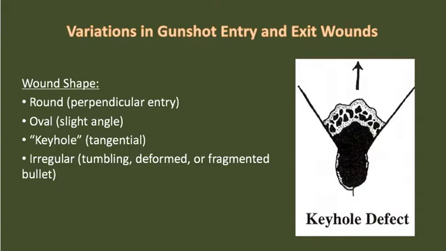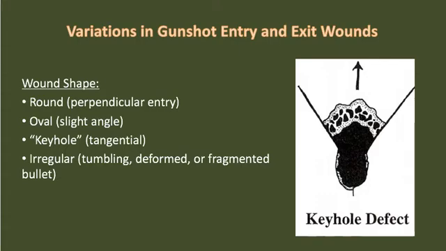You can see something called a keyhole defect, which is pictured here, when you have the bullet entering tangentially. So at an extreme angle, this is still an entry wound, so the bullet is still going into the skull, but you're seeing a much different effect than you would if the bullet was at a slight angle or coming in via a perpendicular entry.